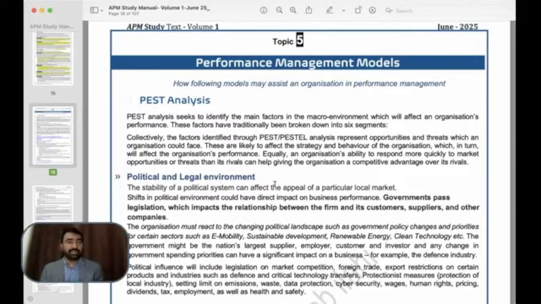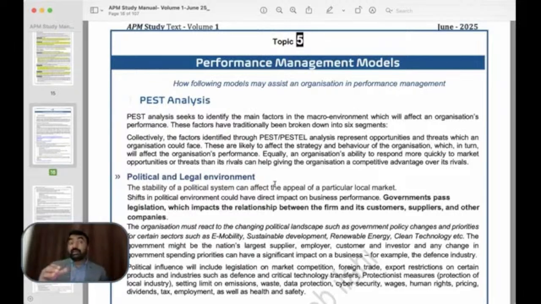performance of the organization. Okay, if we look at the past papers, yes, this topic has been tested multiple times in the past papers, and the style of testing is different. For example, you might be given a scenario where an organization is operating in an industry, in a market where the political, economic, social, technological, or environmental factors are changing.